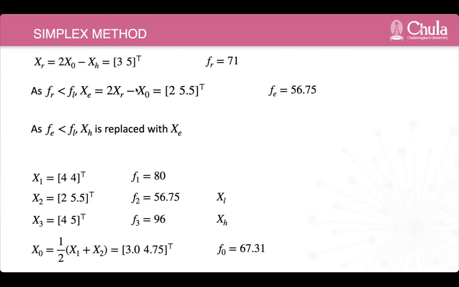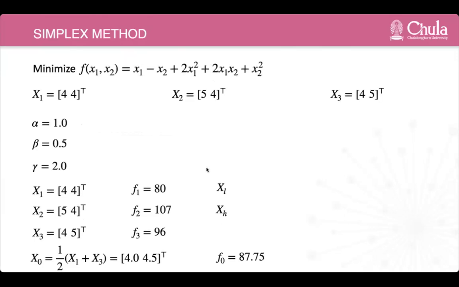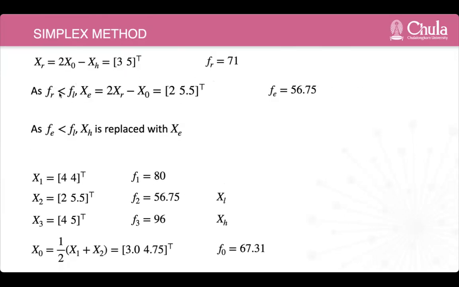And then we have to consider if FR is better than FL or not. What is our FL? FL is 80, right? XR is better, right? We should extend to the new point, XE.